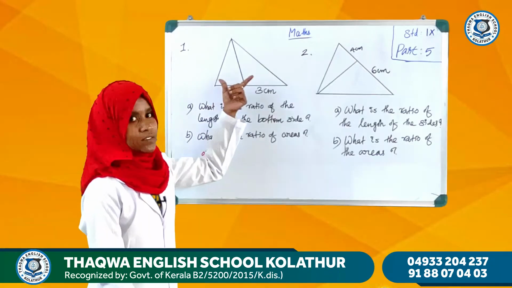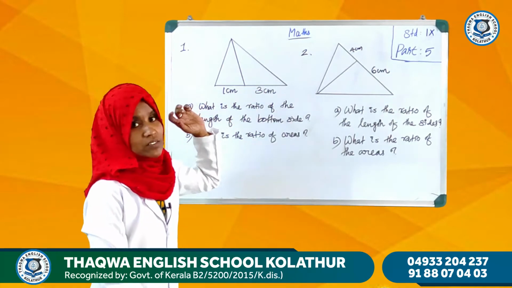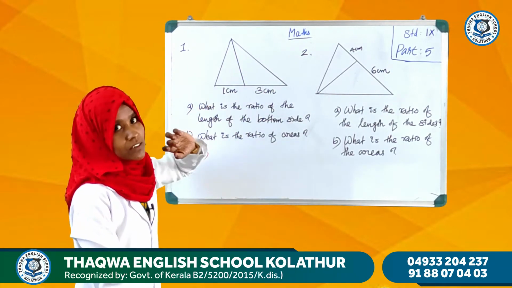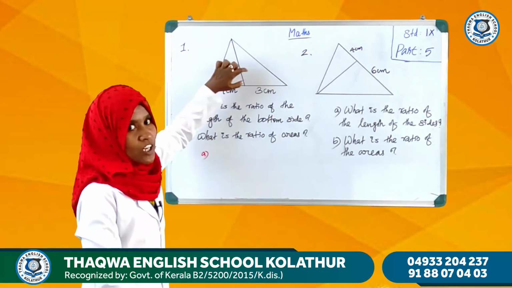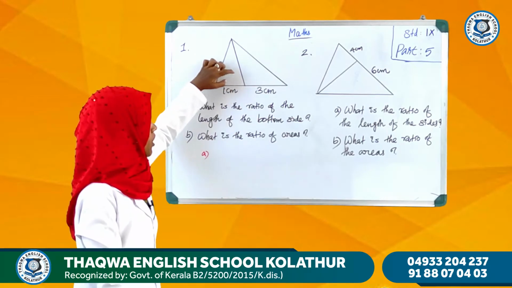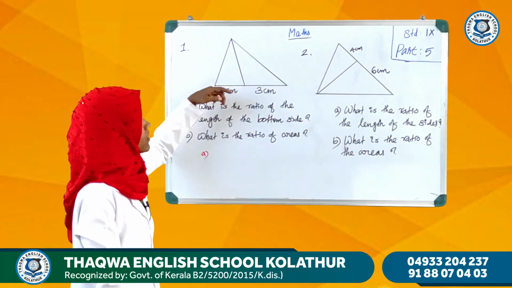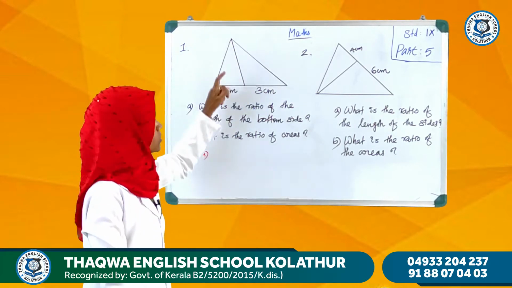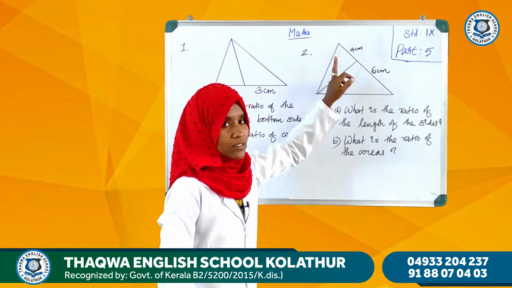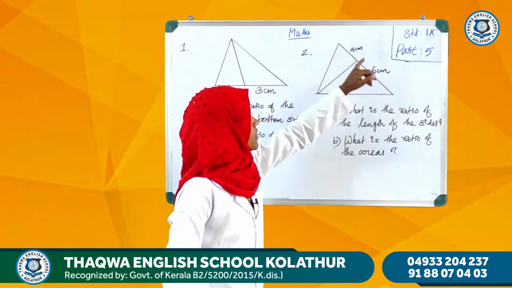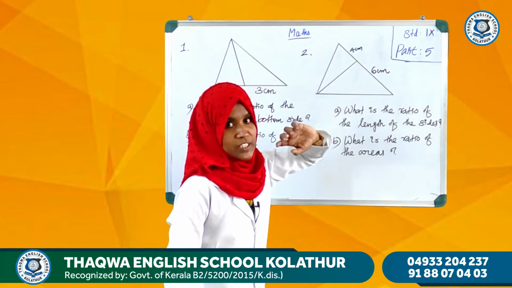Listen, our next question. You are given one triangle and we have two smaller triangles. How do you get these smaller triangles? By drawing a line from a vertex to the opposite side. And the two triangles have sides 4 centimeters and 6 centimeters.